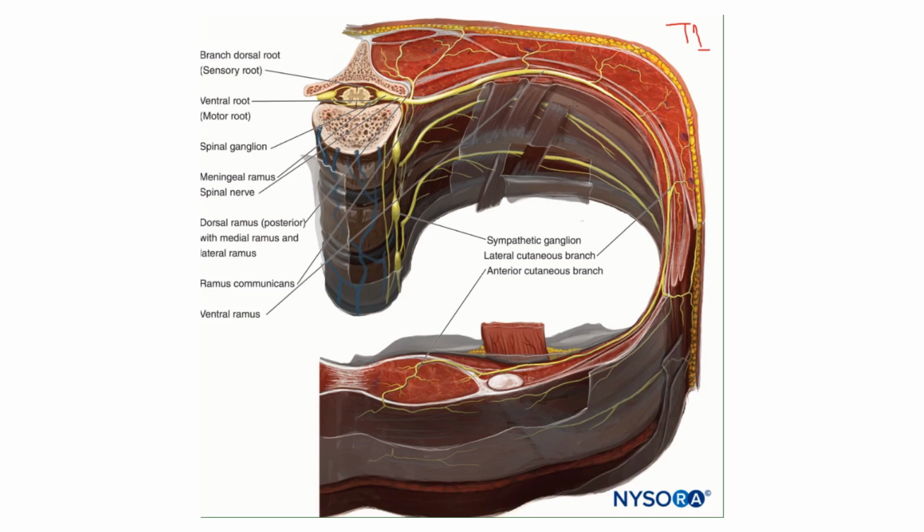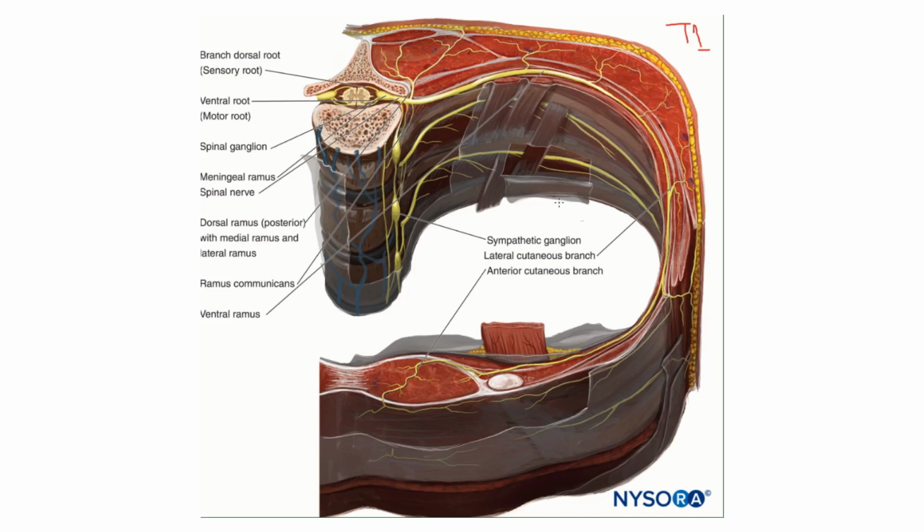As we already know, the anterior rami become the intercostal nerves in the typical thoracic nerves. But in the first thoracic nerve, the anterior rami will become part of the brachial plexus, which we have studied earlier.